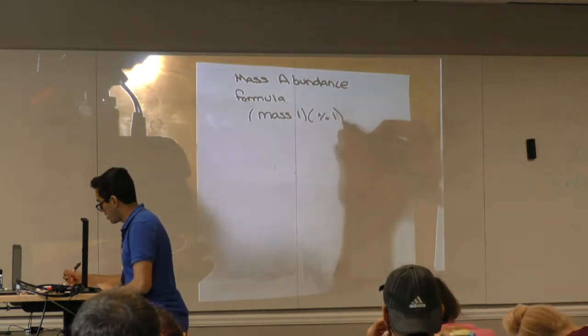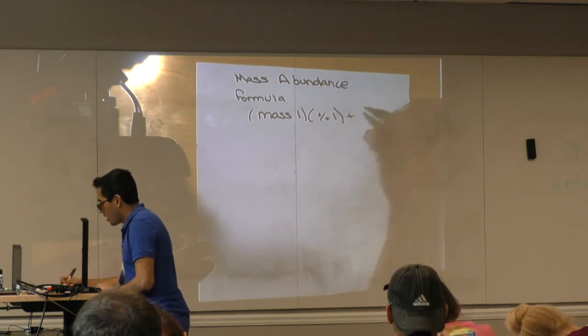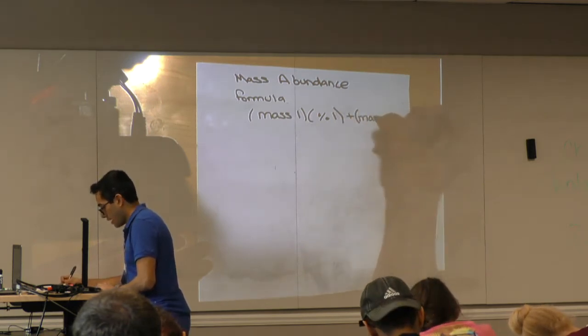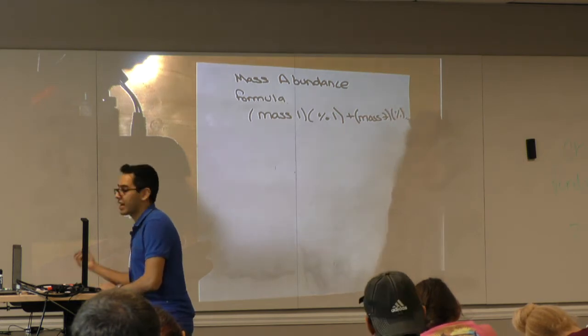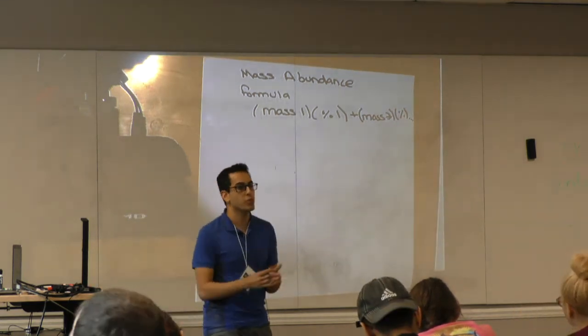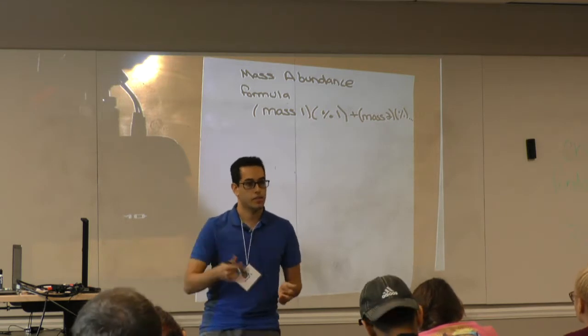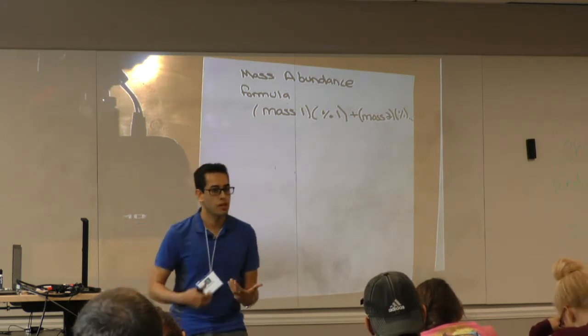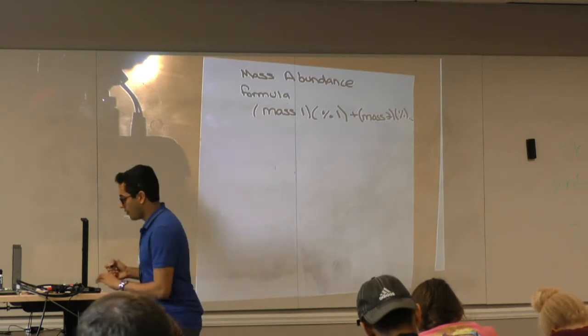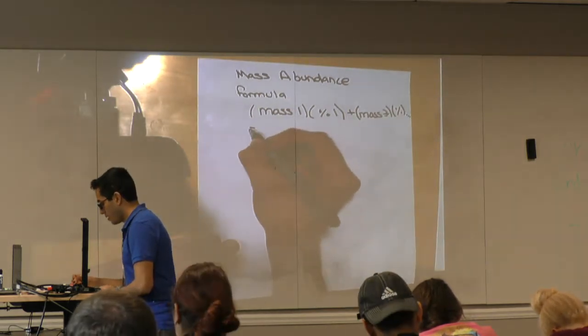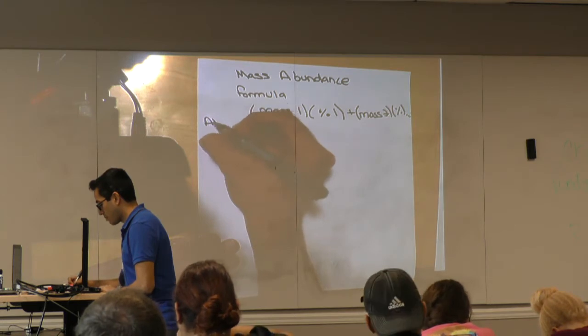And then you add that onto the mass of the second isotope times its percent abundance, and so on. Depending on how many isotopes, you can keep going on forever. It just follows the same trend: M1, %1, M2, %2, and so on. And that formula will be equal to the atomic mass of the compound.